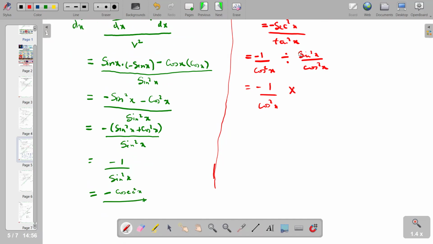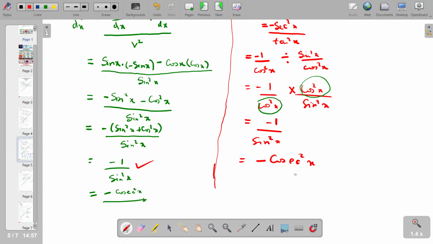Multiply by the reciprocal, which becomes cos squared x over sine squared x. If you check now, this denominator and this numerator are the same. So we are left with negative 1 over sine squared x, which is what we got there, which is negative cosec squared x.